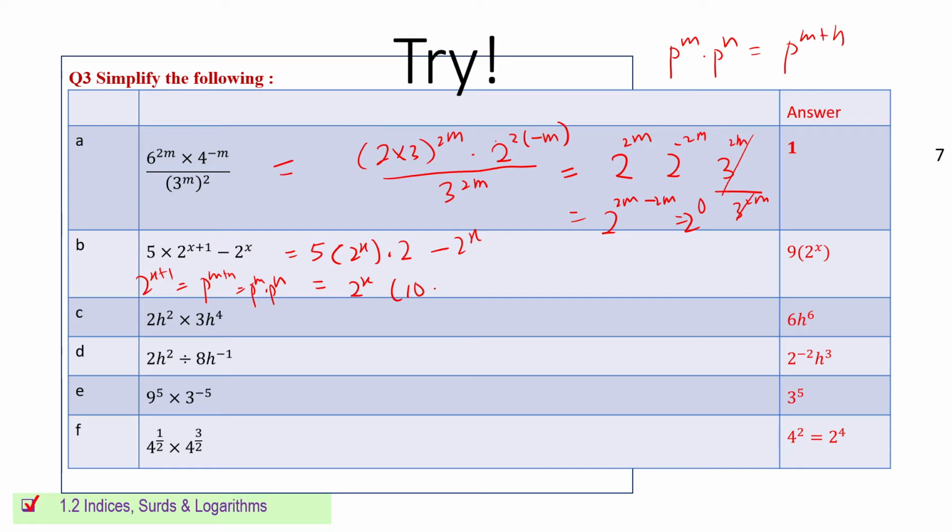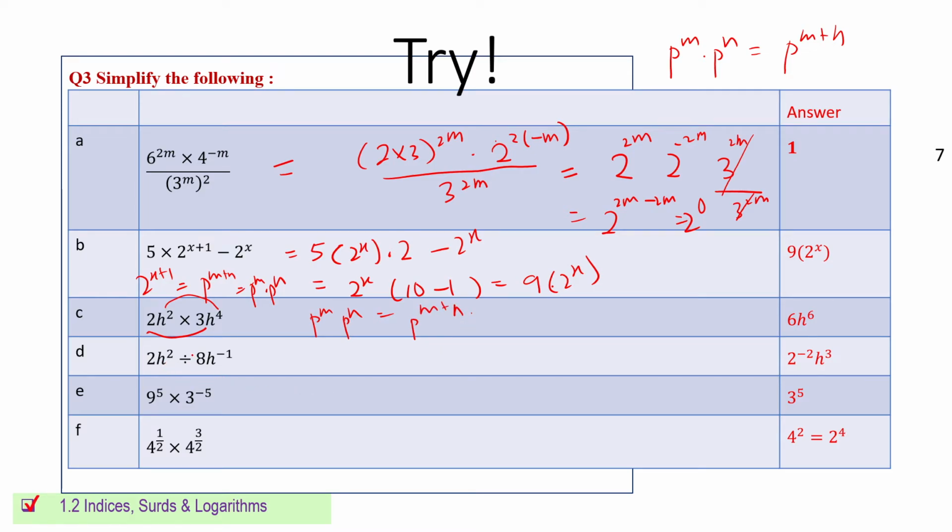So I have a 10 minus 1, then I have the 9 multiplying 2^x. And then this one definitely is super easy. 2 times 3 is 6. h^2 times h^4 is h power of 6. It's not 8. Remember, p^m times p^n is p^(m+n).